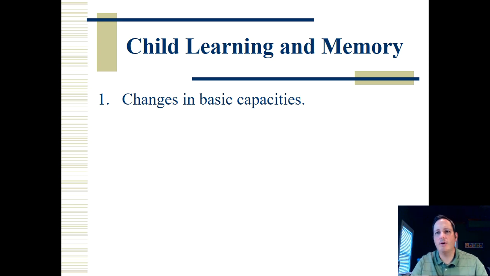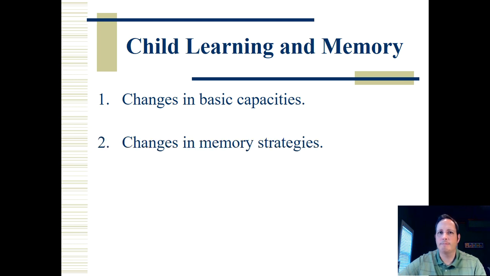There is more myelin sheath going around those neurons, which allows the electricity to go through quicker. You just have more basic capacities. Your short-term memory can handle more chunks of information than it could before. So that in itself is going to account for some of the changes between, say, young children and older children.